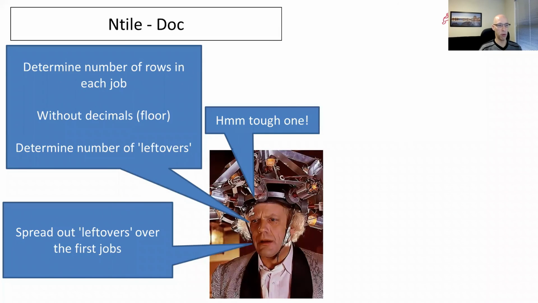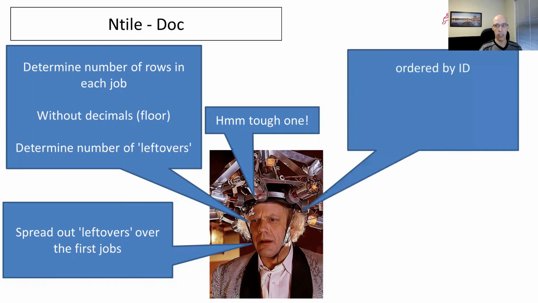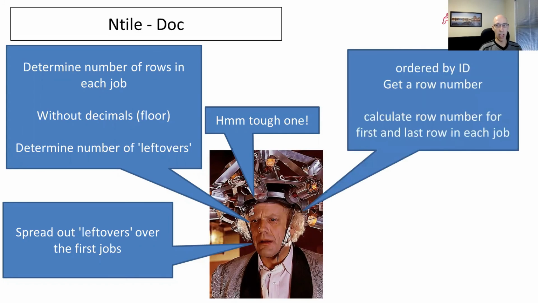So if I have 3 remaining, one will go to job number 1, one will go to job number 2, and one will go to job number 3, right?